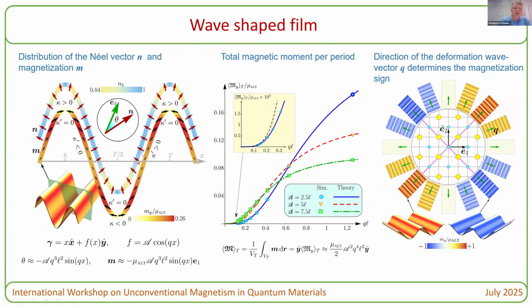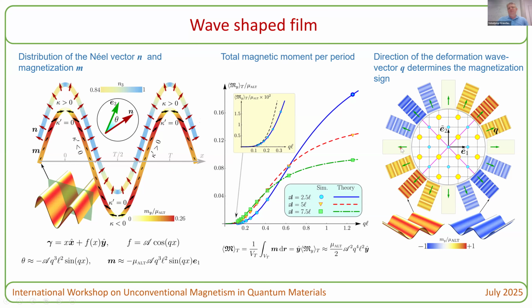And for this specific geometry, when we have sinusoidal rippling, we see the total magnetic moment per period is not zero. So it's directed, in this case, up, and it's not zero. And here we compute how the total magnetic moment depends on Q and the amplitude and wave vector of the deformation.